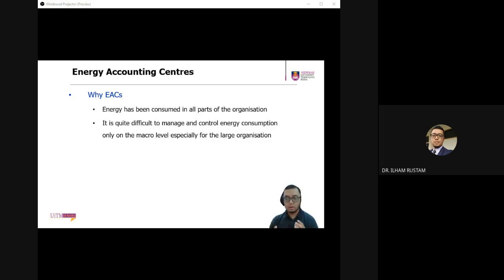So it's quite difficult for you to identify and control which plant or which area needs to cut down, versus going into micro. But typically when we are talking about macro and micro in energy management, in measuring the energy being consumed, macro is the TNB bill that you receive monthly.